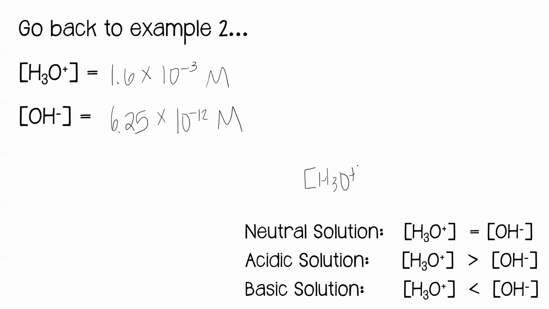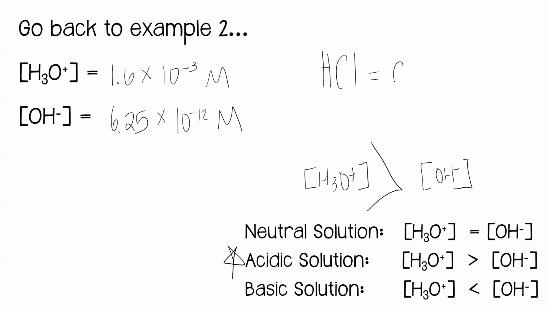In our case, which is bigger? This one. So the negative third is much bigger, closer to 1 than to the negative 12. Okay, so think of a number line. So we're saying this is an acidic solution. Go back, look at number 2. What was the substance? HCl, which is an acid. So it all makes sense.